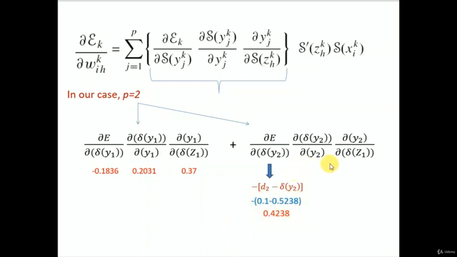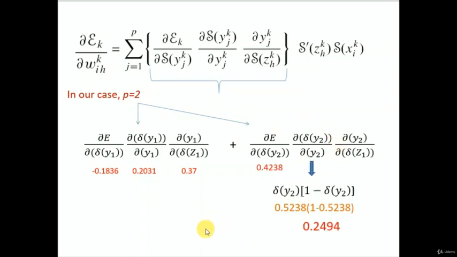Now let's move on to the second term in the second path. This is the derivative of your sigmoid activation function with respect to your net input value. Again, this is the equation for the derivative of the sigmoid, and if you plug in your values, we're doing exactly the same thing, just changing the values to the second neuron. When you plug in these values, you get 0.2494.